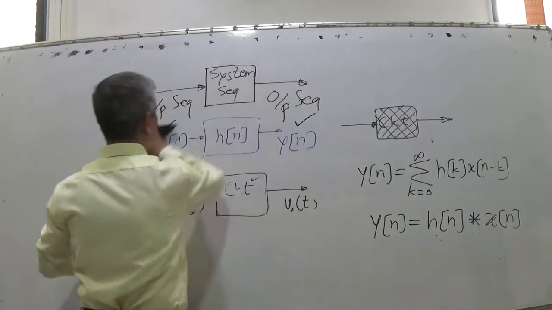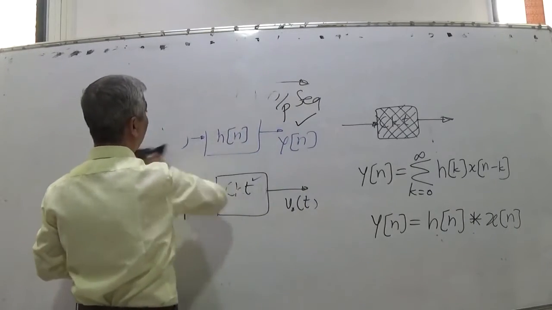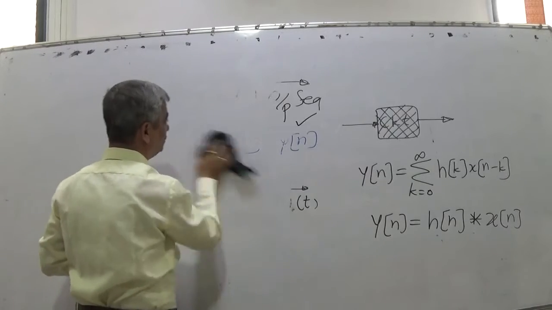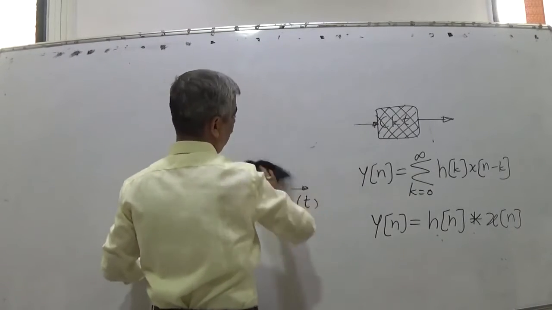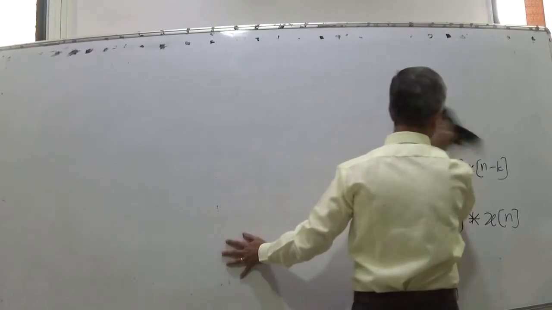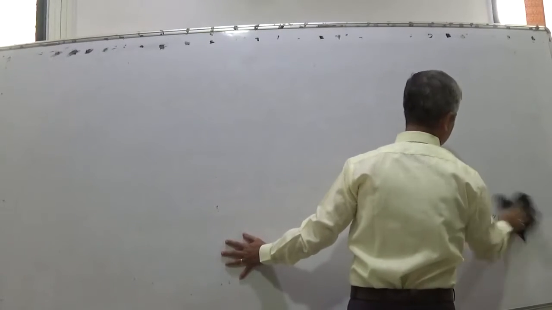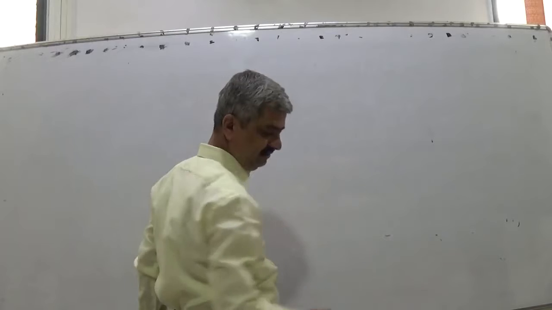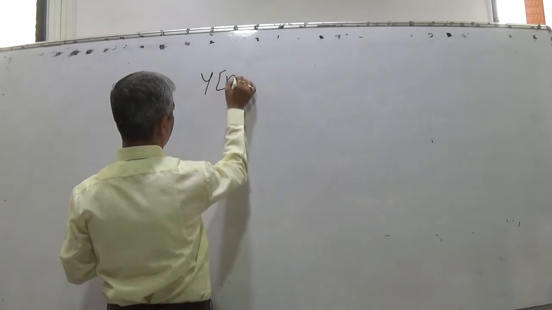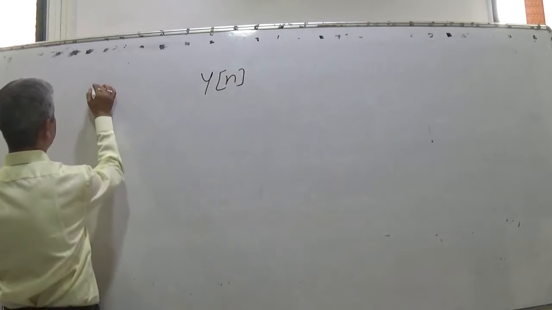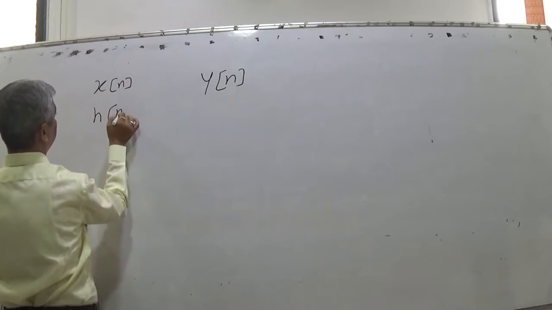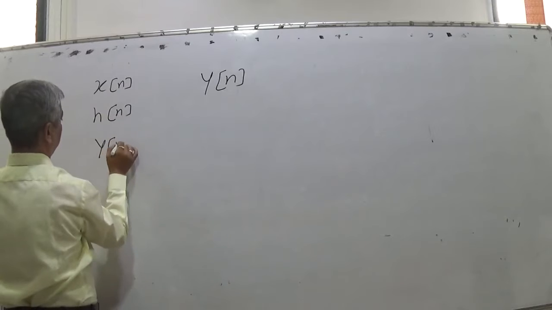So ultimately the crux is, if I know both sequences, I can find the convolution. Here the idea is we have three sequences: x[n], h[n] and y[n].